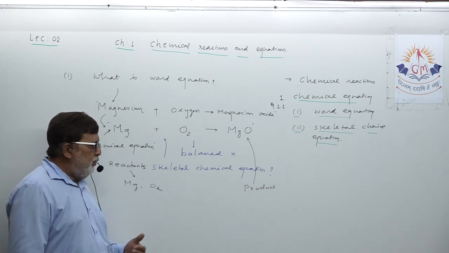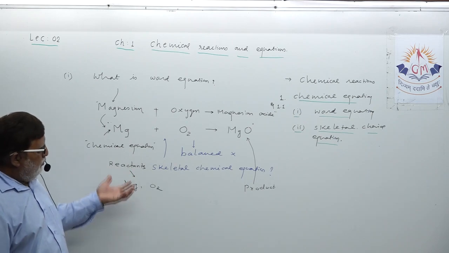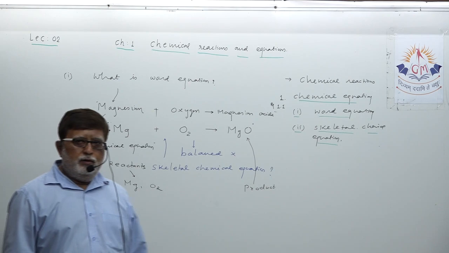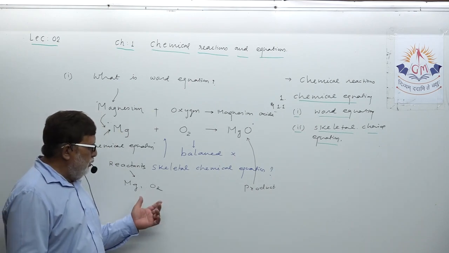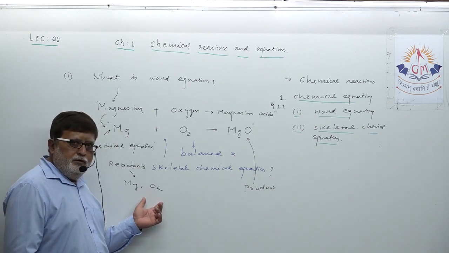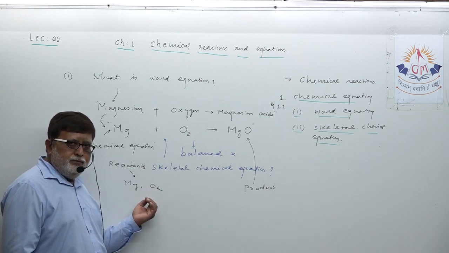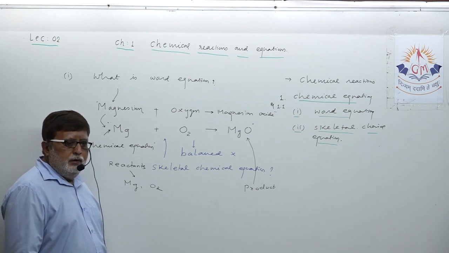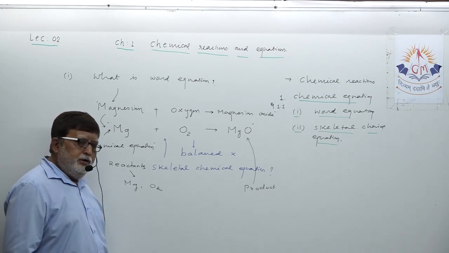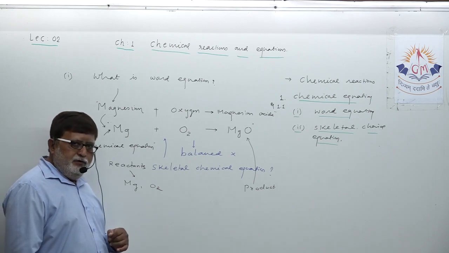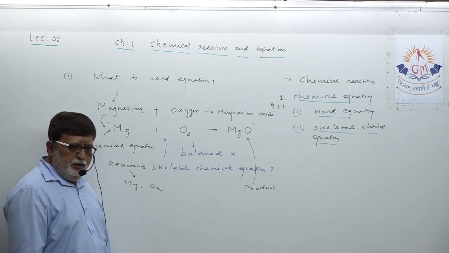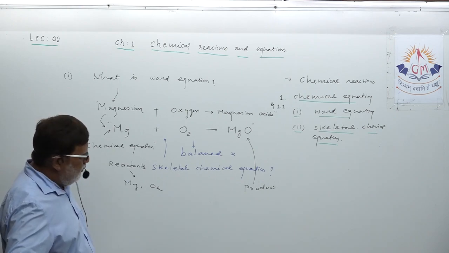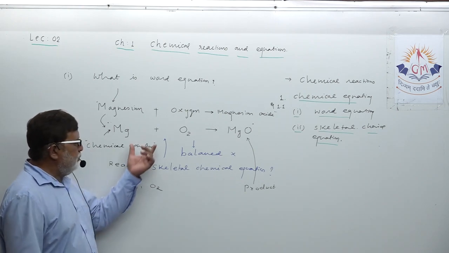Now one more thing, which are the features? The first, reactants are always written on the left hand side of the equation. Products are always written on the RHS, right hand side of the equation. Third point, you can develop yourself also, dear student.